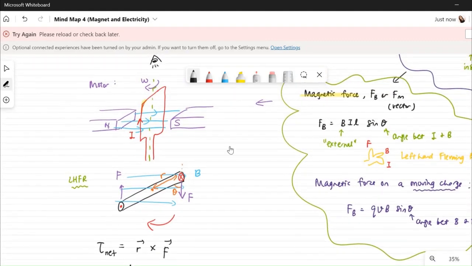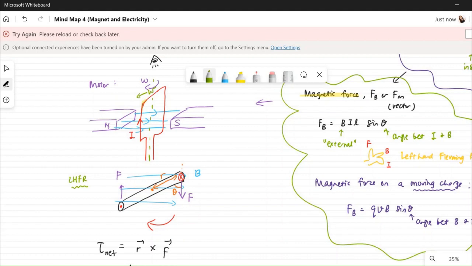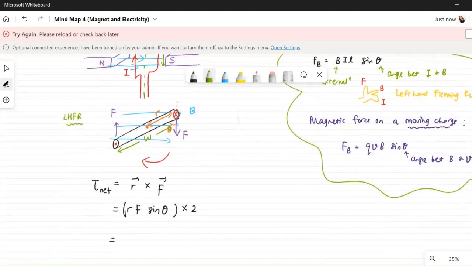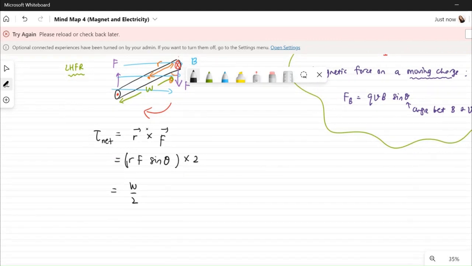If I assume there's a loop here, where the width of the loop is W and the length of the loop is L, then R is equal to W divided by 2. So the net torque exerted on the conductor will be W over 2, F sine theta, multiplied by 2.